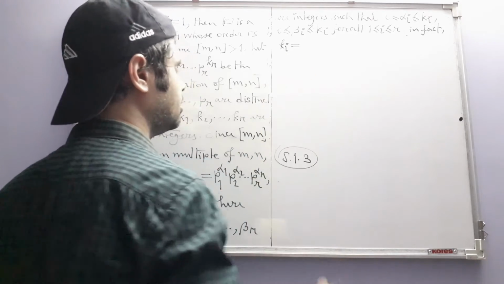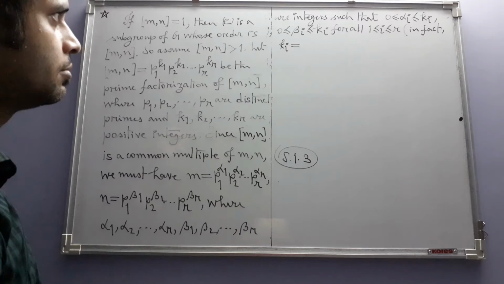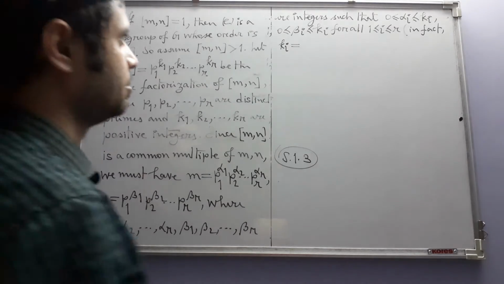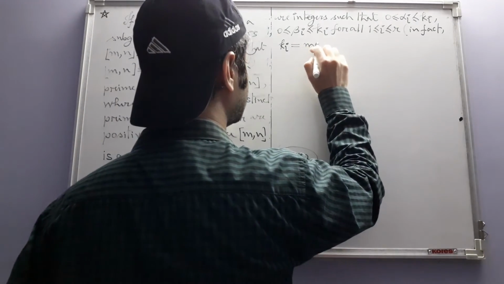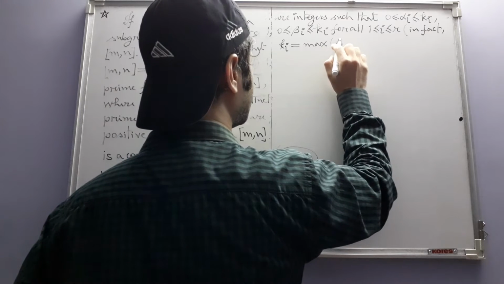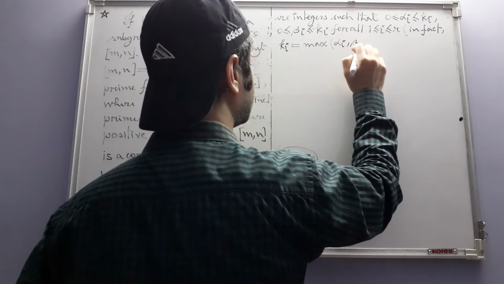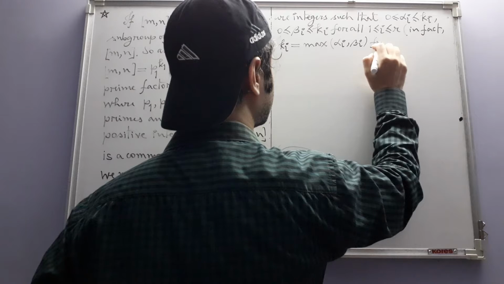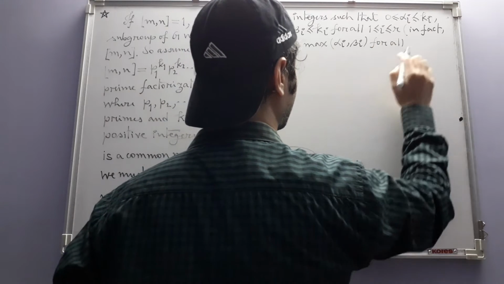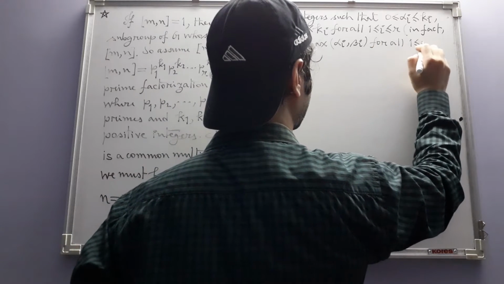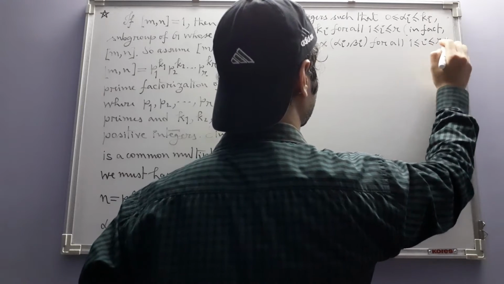Ki is equal to the LCM exponent, so that means Ki is the maximum of alpha i and beta i for all i lying between 1 and r.